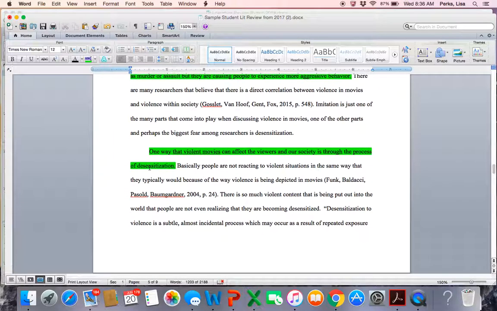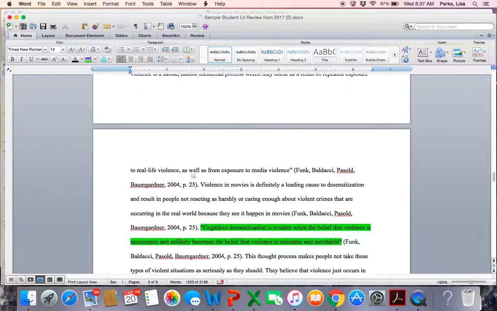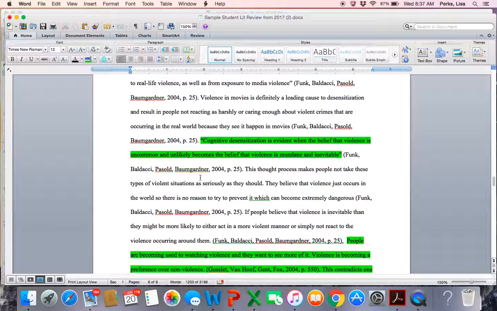Right? And he mentioned desensitization at the beginning. He's picking that thread back up again, right? And he is talking about desensitization as a key impact, potentially, of violent media content. And I like this piece from Funk et al., this quote that I've highlighted here. Basically, it's telling us how is desensitization measured.